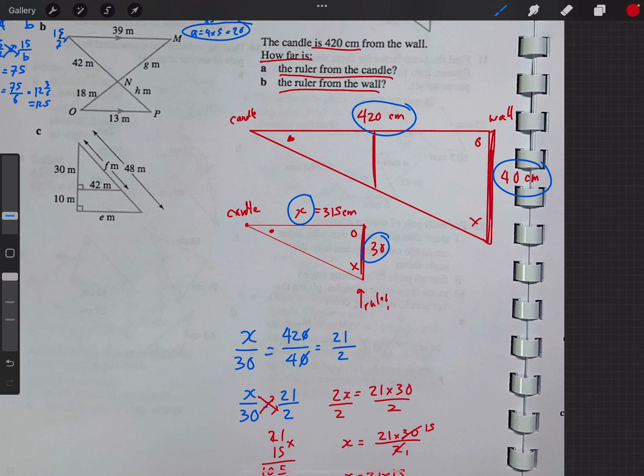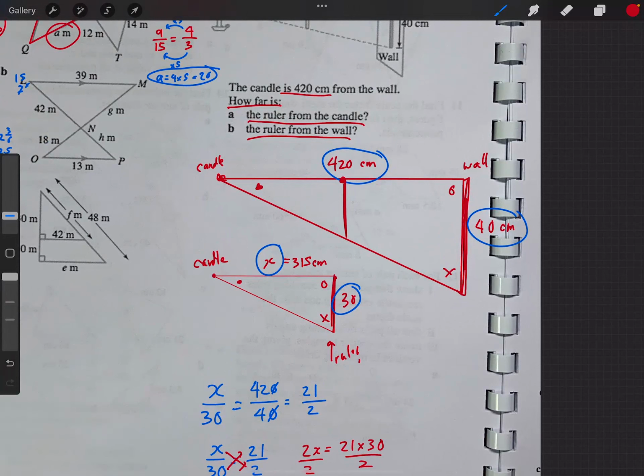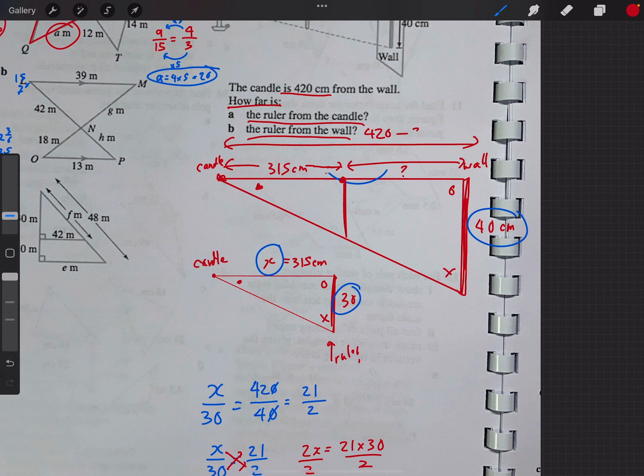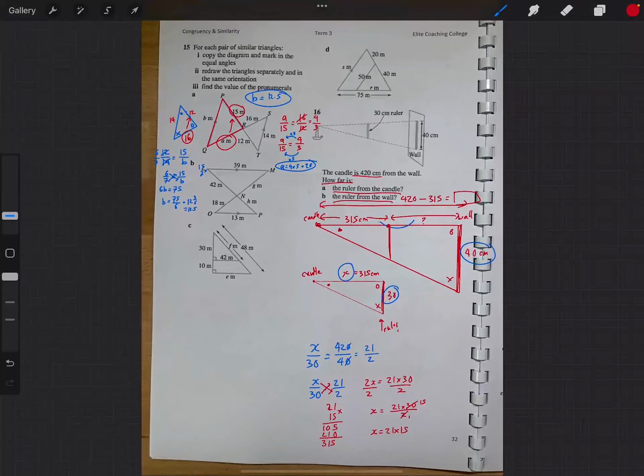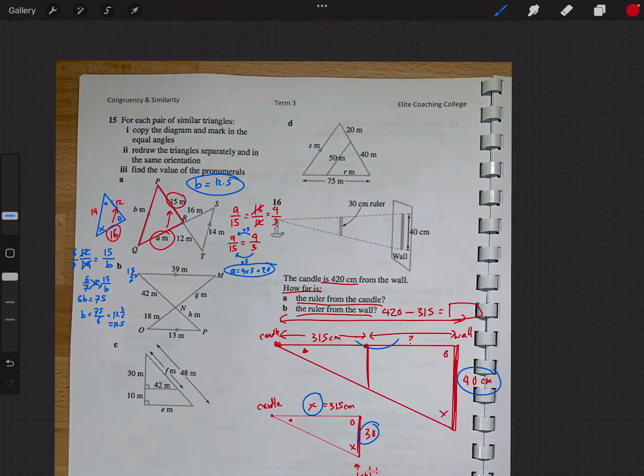So from the candle to the ruler is 315 centimeters. So that's the distance there. And now, let me just rub this out here. The distance from the candle to the wall is 420. Now the question is, what is the distance from the ruler to the wall? Well, to find that, all you've got to do is take 420, take away 315, and that'll give you the answer in centimeters. Alright. Hope that helps.